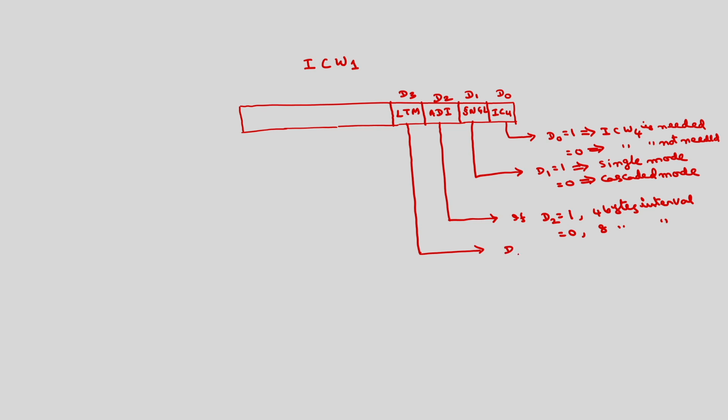If D3 is 1, it implies level triggered; if D3 is 0, edge triggered.